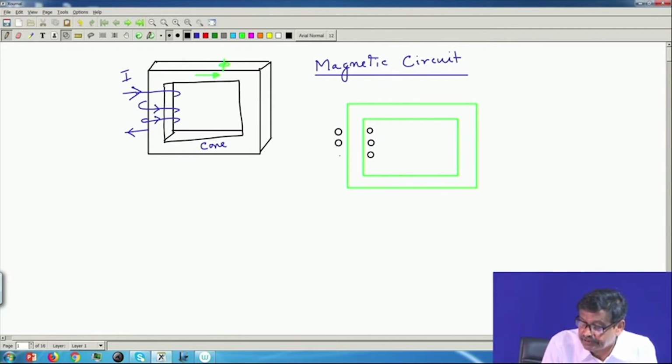This is the coil sections. How many coil sections will we see? As many as the number of turns, and the direction of the current as shown can be shown by cross and dot like this. This will be cross current, cross, and this will be dot.